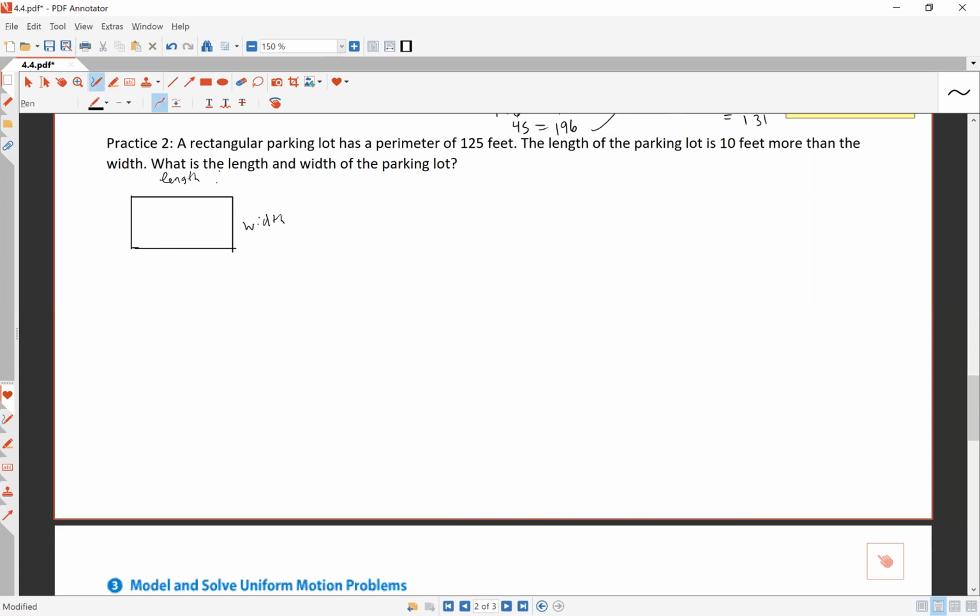We label them L and W. And it tells me that the length of my parking lot is 10 feet more than the width. And the perimeter of 125, using the formula P equals 2L plus 2W, gives us 2L plus 2W equals 125.